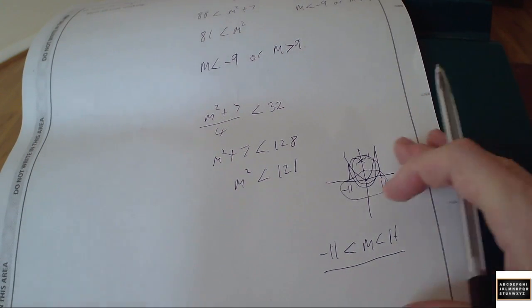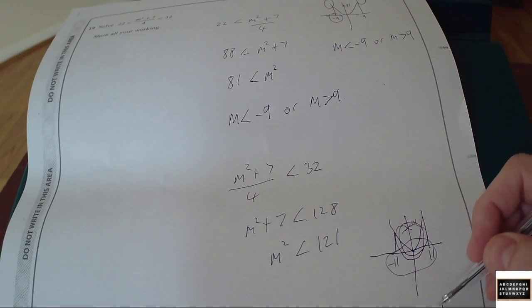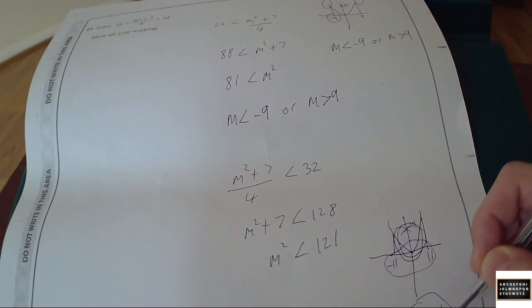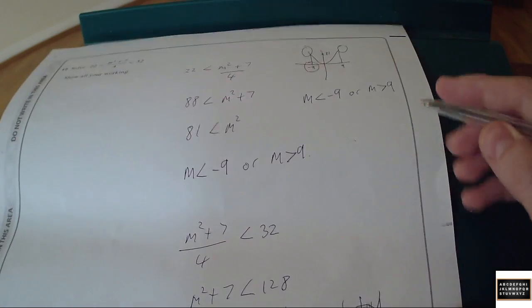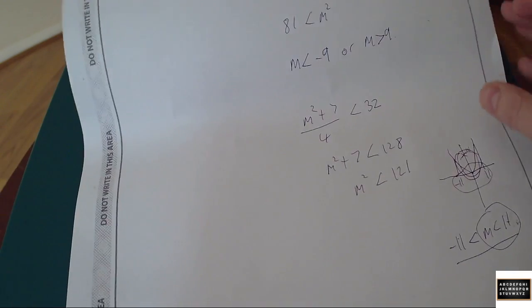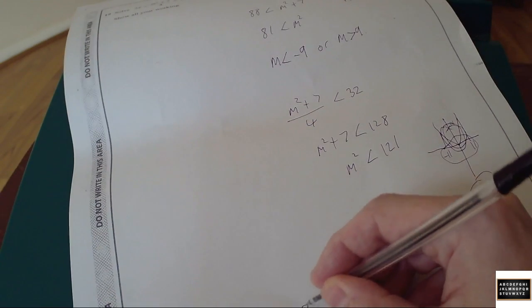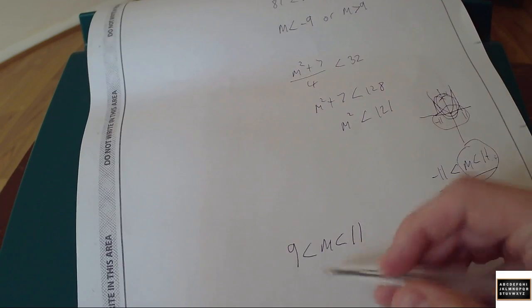Now, if we combine our two regions together, we had m less than 11 and m more than 9. So the only values that fulfill that will be anything between 9 and 11. So that's one region that obeys.